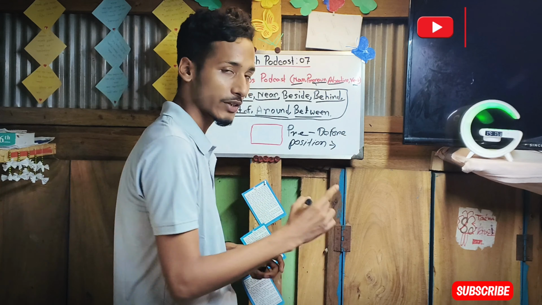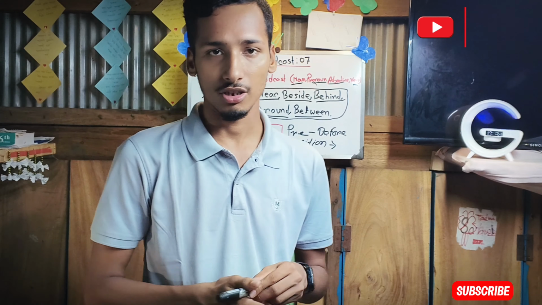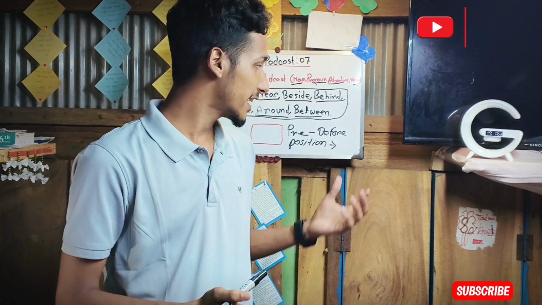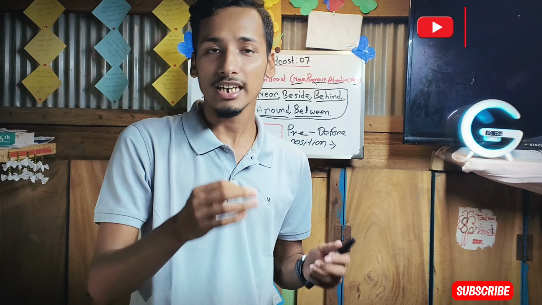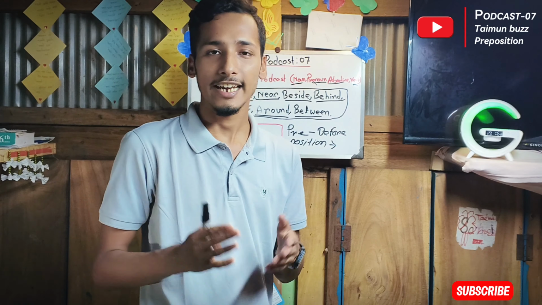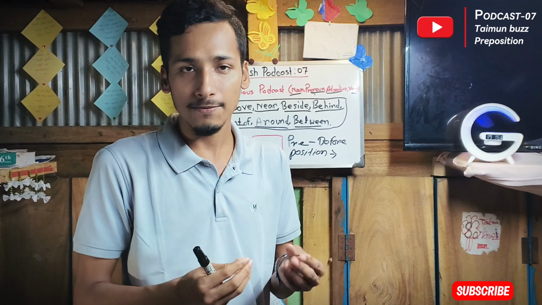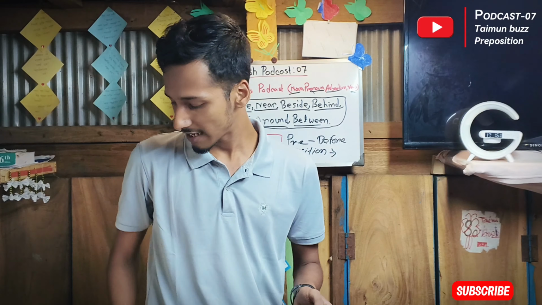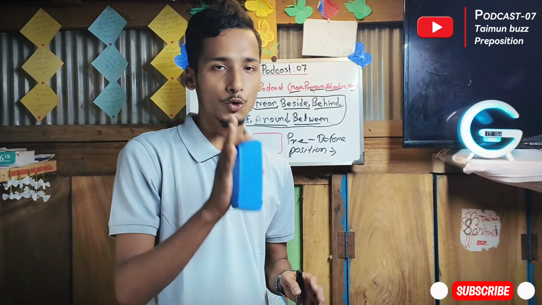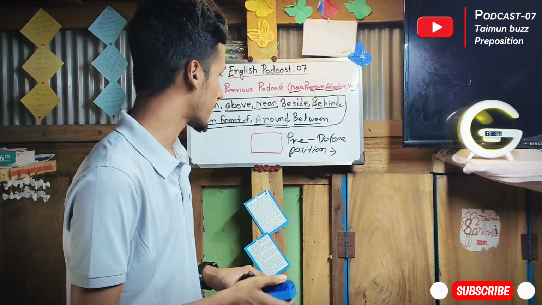And position, you can understand what is position. So a preposition is added before a noun or pronoun. Then it connects with the noun or pronoun and gives a complete thought. After teaching you, I will give you some examples so that you can clear everything.